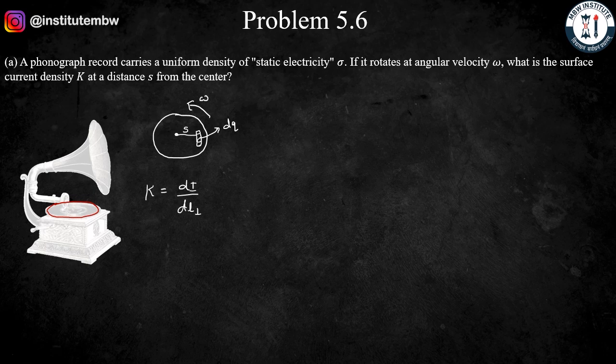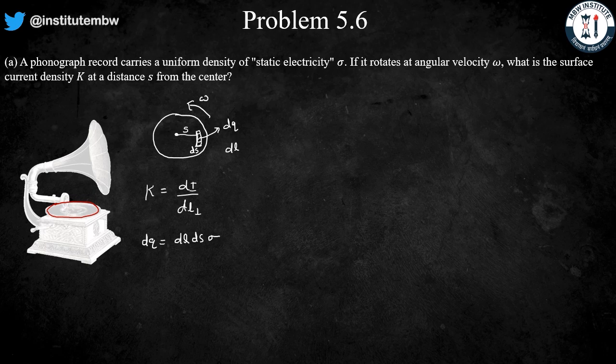So if it moves a distance dl, then we can say that dl and the perpendicular distance, that is ds, because we are considering infinitesimal element area, dq will be dl and ds sigma.